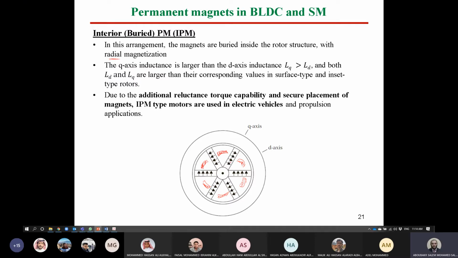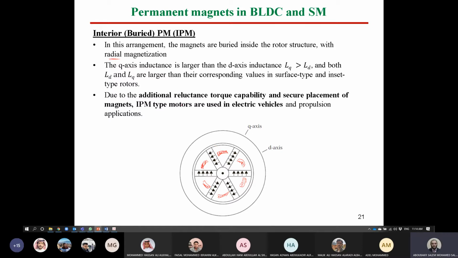Okay? This is going to decrease the area of magnets in the air gap, or may remove it if it's inserted inside like that. Okay? So this is better in fastening. It will not have the eddy current loss, or high eddy current loss, like what we have in magnets at the surface or inset type.